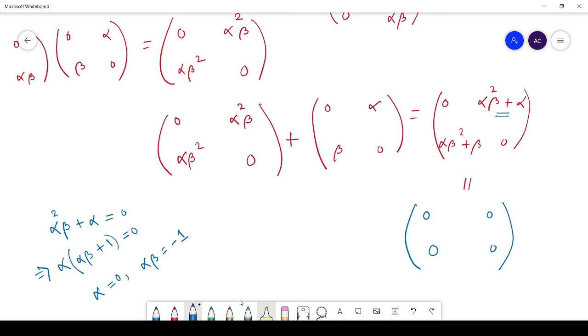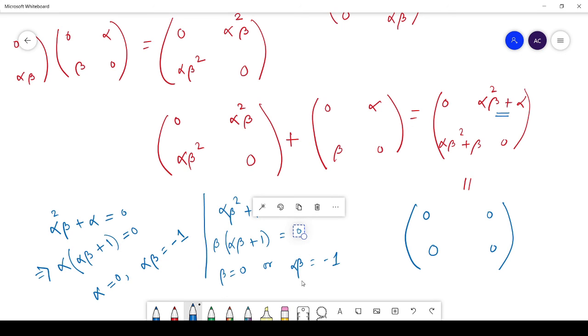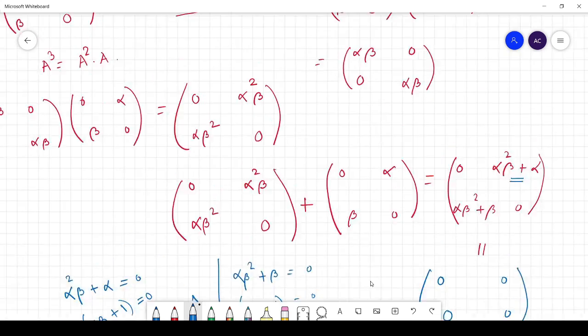Okay, and from the second term, alpha beta square plus beta equals 0, again taking beta common, beta times (alpha beta plus 1) equals 0, which says either beta is 0 or alpha beta equals minus 1. Anyway, if alpha and beta are non-zero, then obviously the alpha beta equals minus 1 option is true.